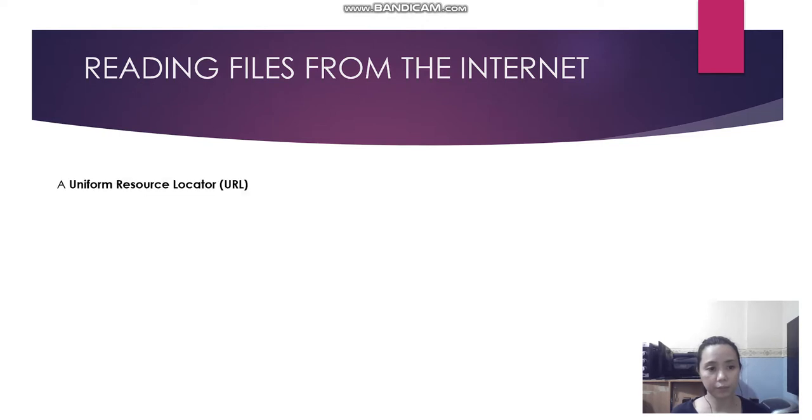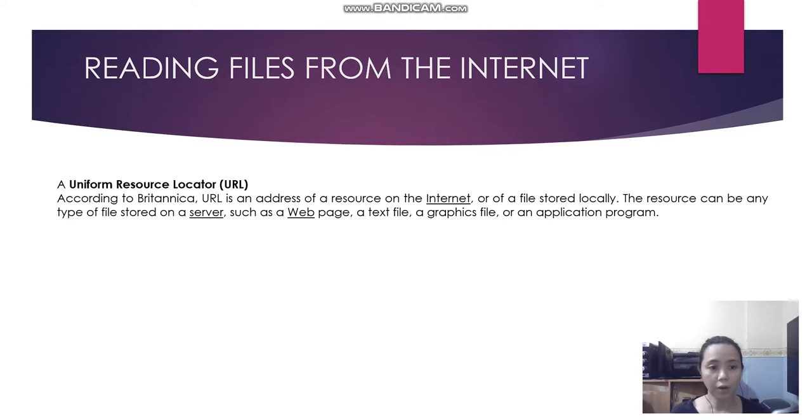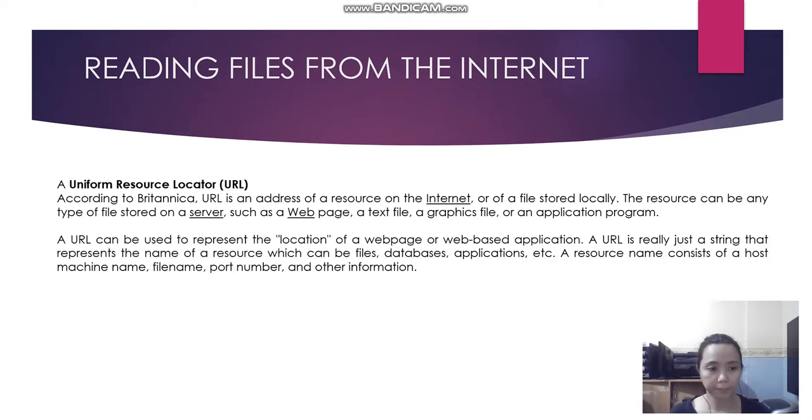Reading files from the internet. A uniform resource locator, or URL, according to Britannica, is an address of a resource on the internet or of a file stored locally. The resource can be any file stored on a server, such as a web page, a text file, a graphics file, or an application program.